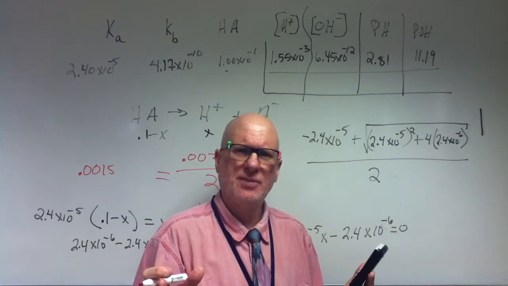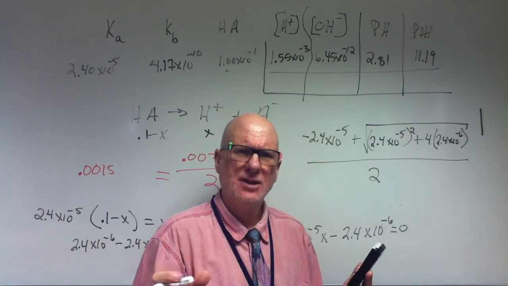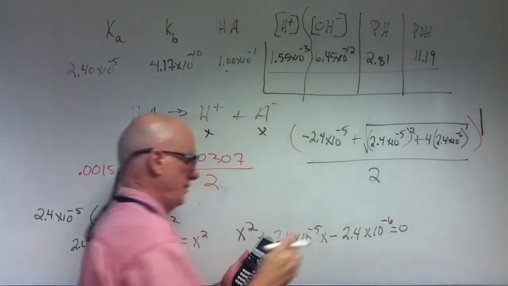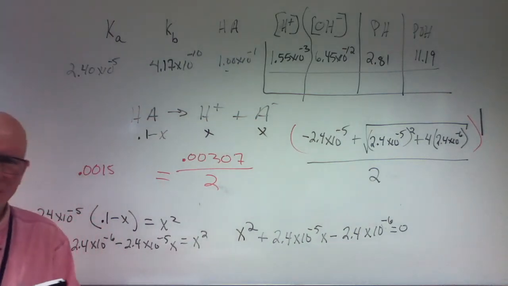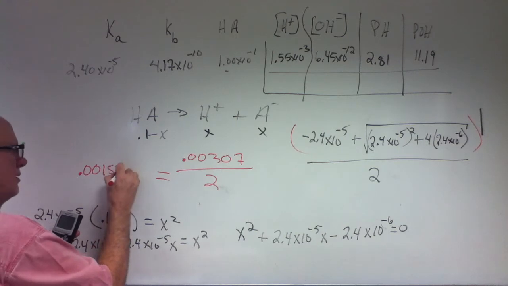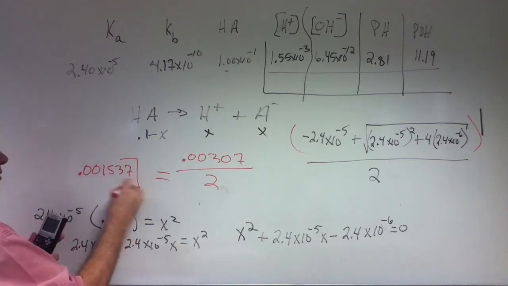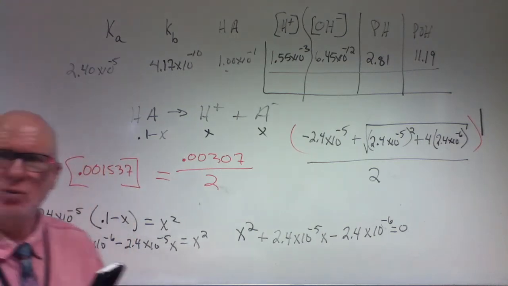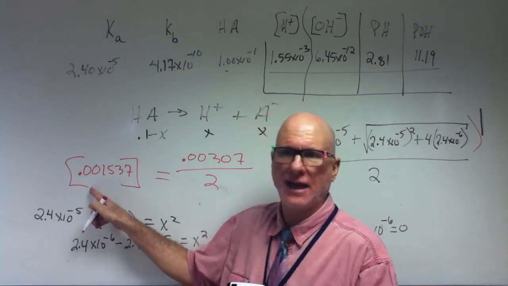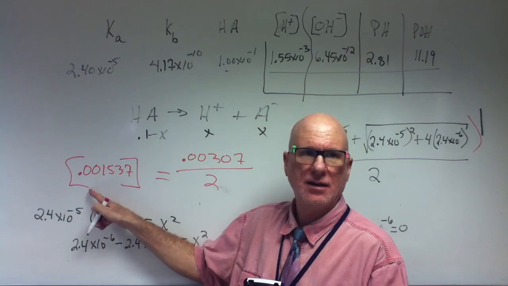You don't need parentheses at the top. If you're going to do this, you need parentheses here, fair enough. We'll go back and redo it, but I got the same thing. Who got that? Okay, you got it?